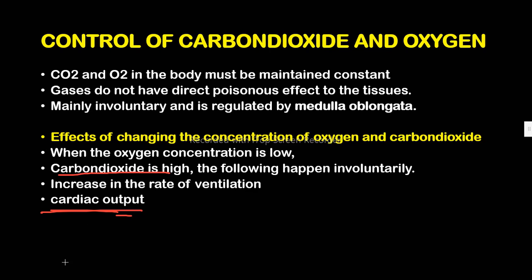So by increasing the cardiac output, the volume of blood increases, the pressure increases, and so the velocity increases, so that the oxygen is supplied to the body tissues at a high rate.